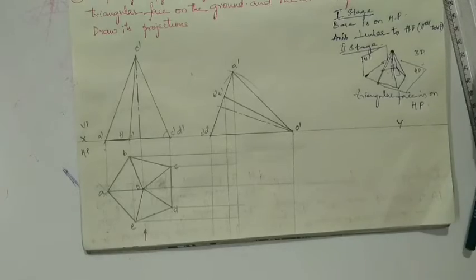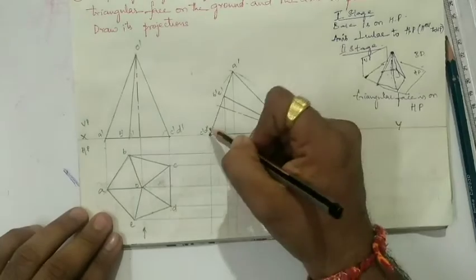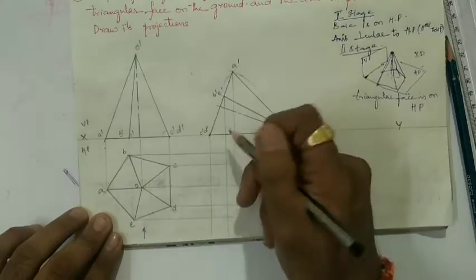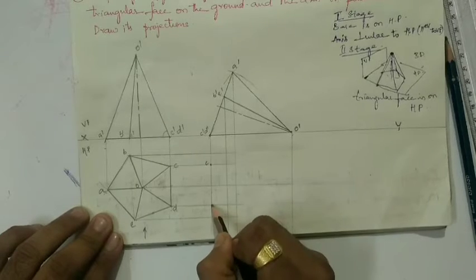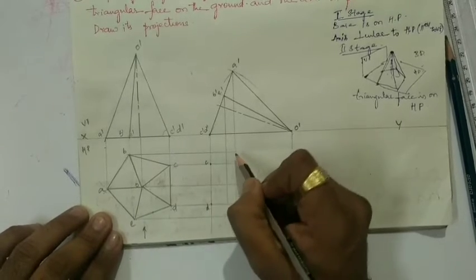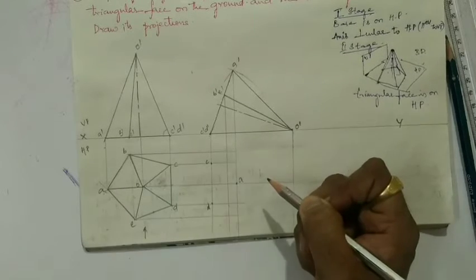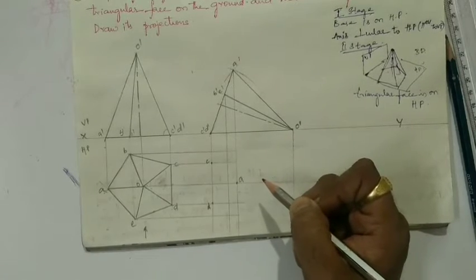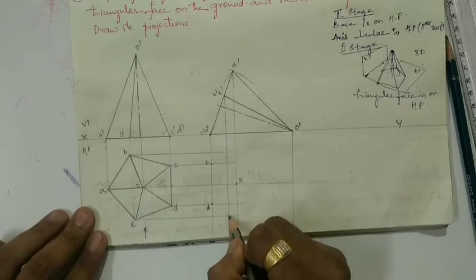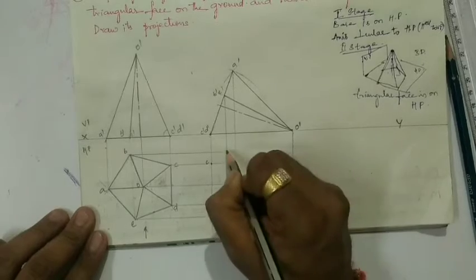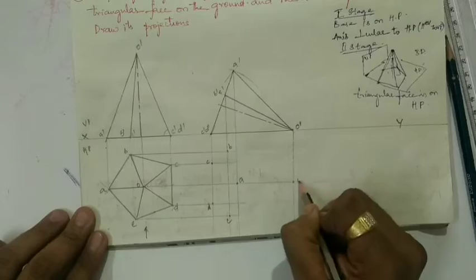And now go for marking the points here. So first C dash D dash, here it is C, D, this is my point A, and this is my point E, and this is my point B, and then this is my point O.